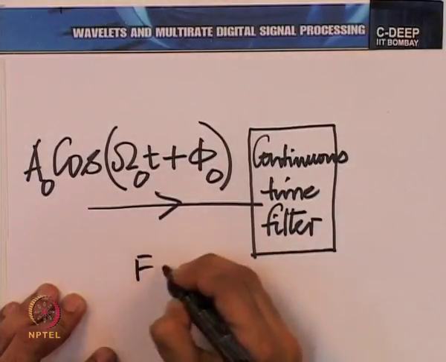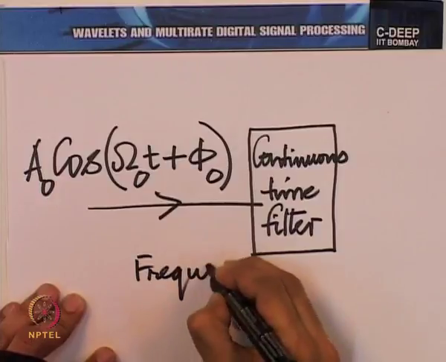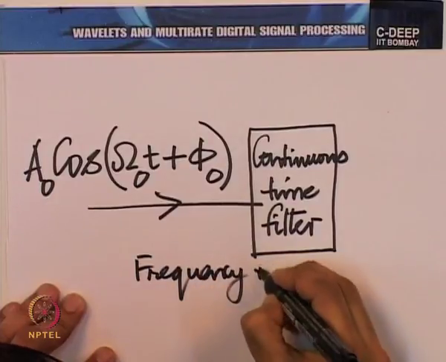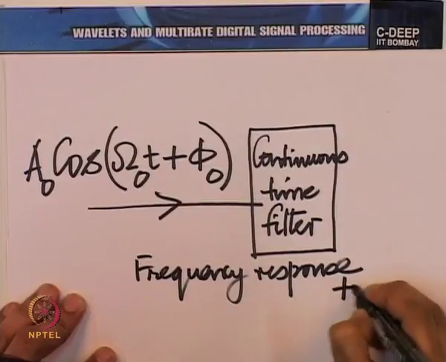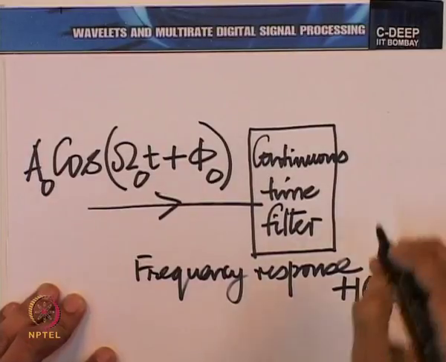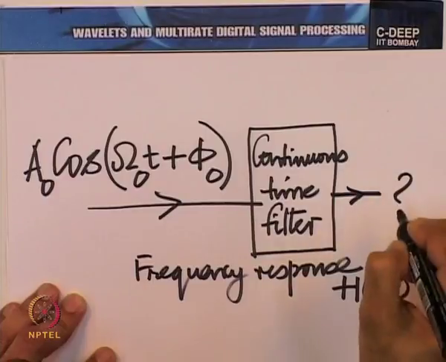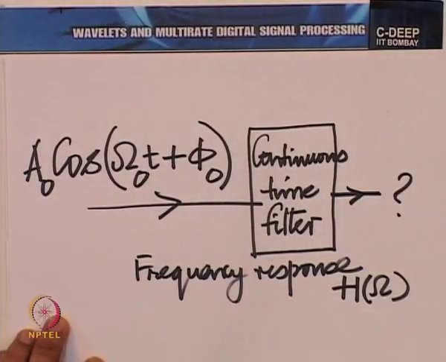with frequency response, let us say h as a function of omega. What would come out? Very simple. You would evaluate the frequency response, which is of course a complex number as a function of capital omega, at omega equal to omega naught.